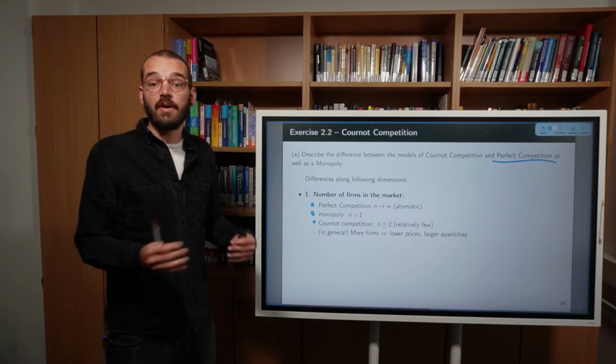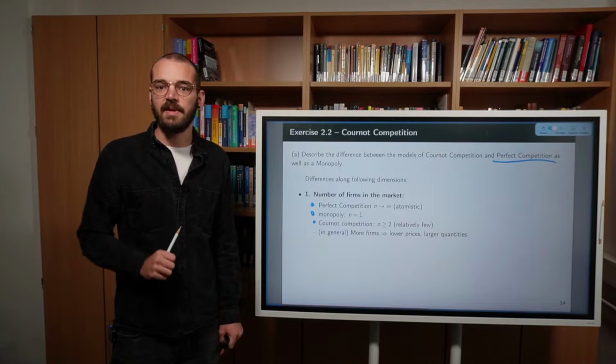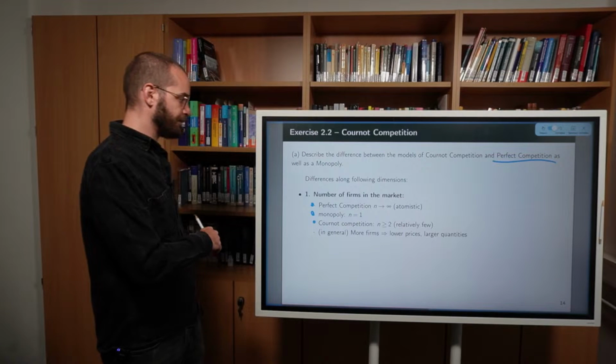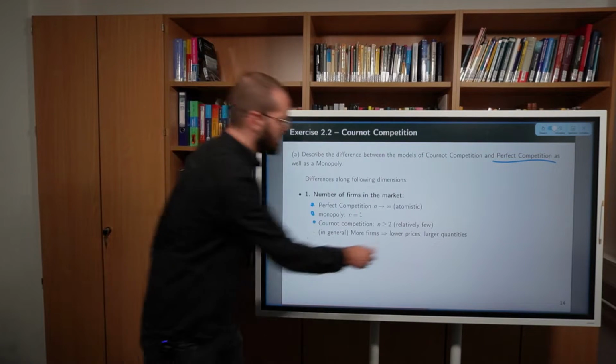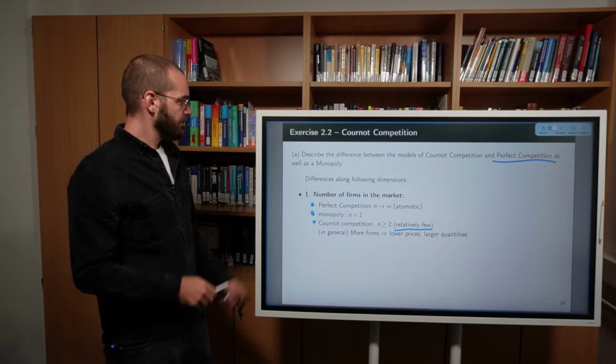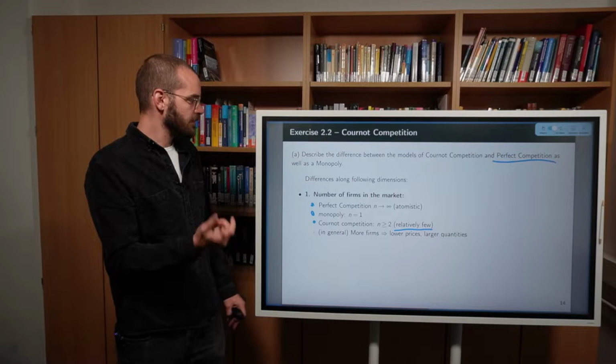Of course you can include even more firms. The model does permit it, but typically we are looking at relatively few firms. In general, why does the number of firms matter?